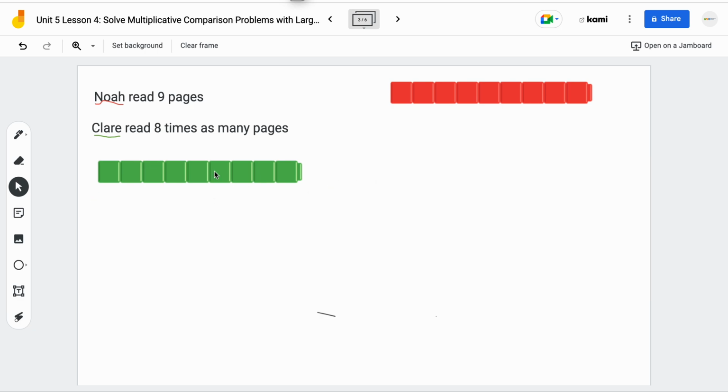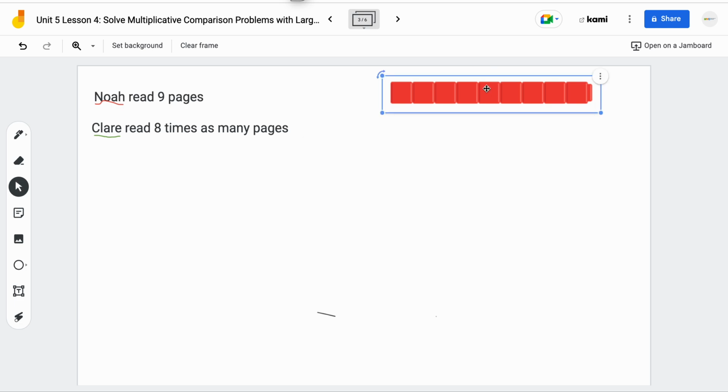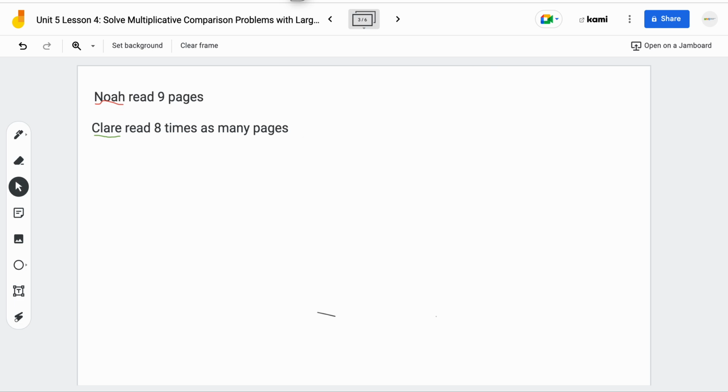All right. So this is another way to do this diagram. So Noah read 9 pages, and Claire read 8 times as many pages. So Noah is going to read 9 pages. So we're going to draw a little box for him. Let's make Noah blue. Okay, so he read 9 pages.